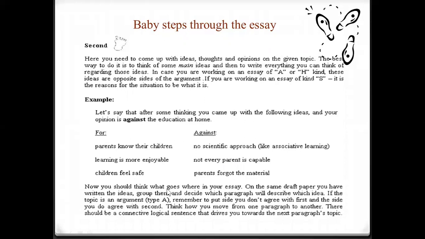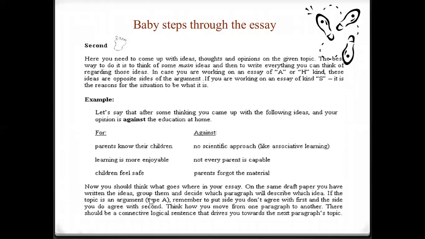Now, you should think what goes where in your essay. On the same draft paper where you have written the ideas, group them and decide which paragraph will describe which idea. If the topic is an argument, type A, remember to put the side you don't agree with first and the side you do agree with second. Okay?